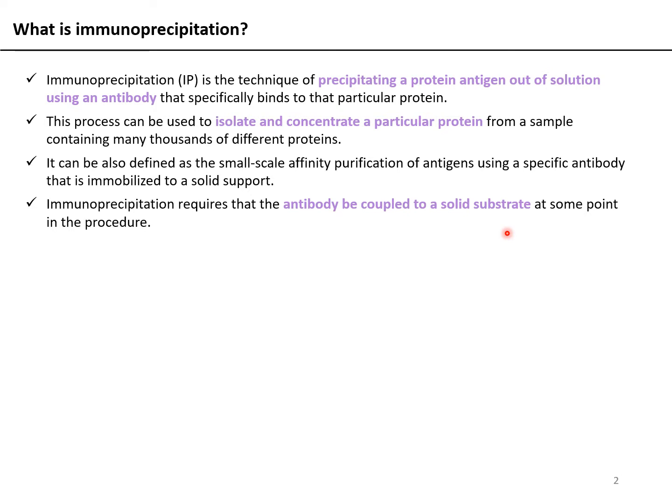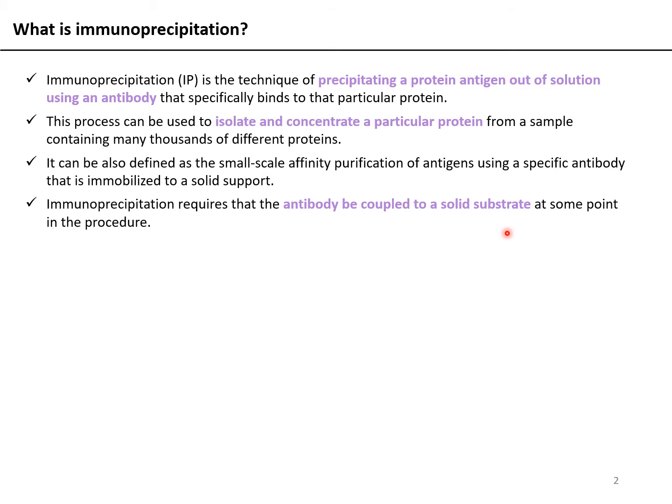Because it is coupled to a solid substrate, this solid substrate will settle down under the effect of gravity when left by itself, or you can settle it down by spinning the tubes, centrifuging the tubes, or by using magnetic stands in case your solid substrate is magnetic in nature.